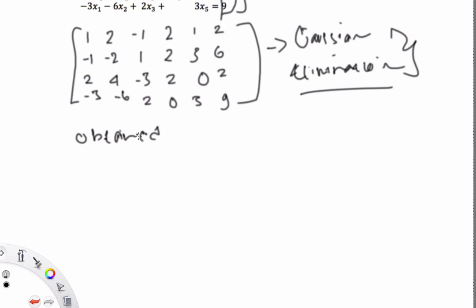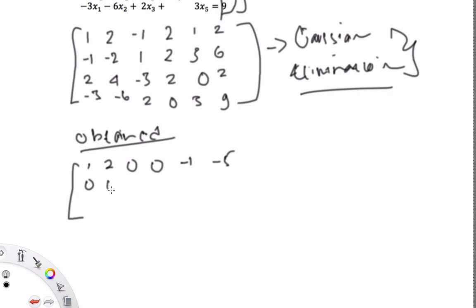So after we operate this, I will make it simpler to show you the result we obtained after we calculate using Gaussian elimination. So we will get 1, 2, 0, 0, minus 1, and minus 5.